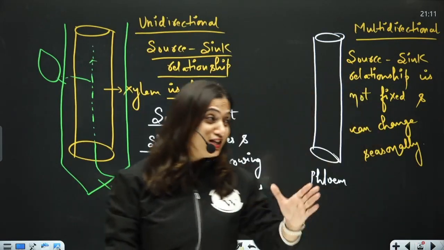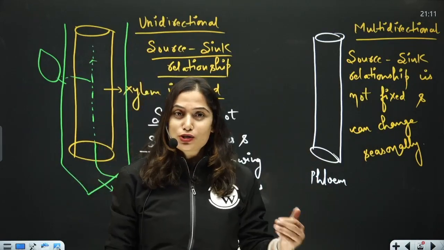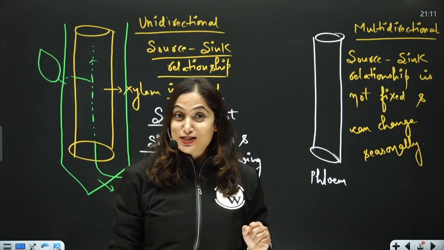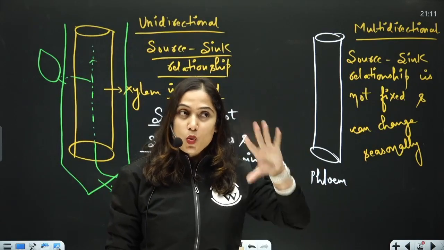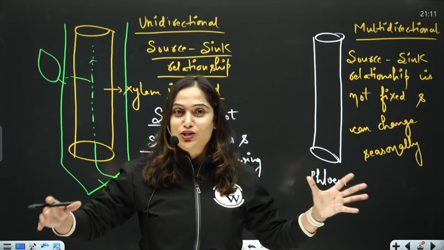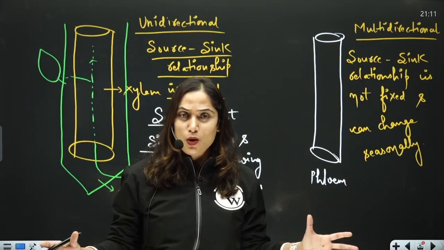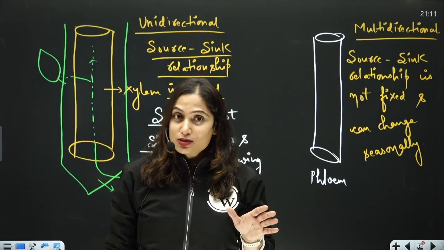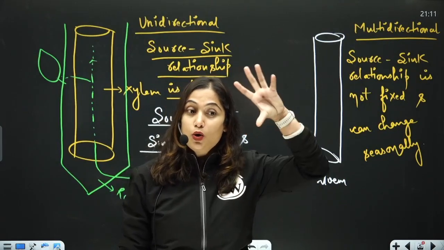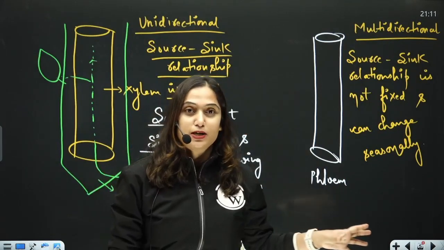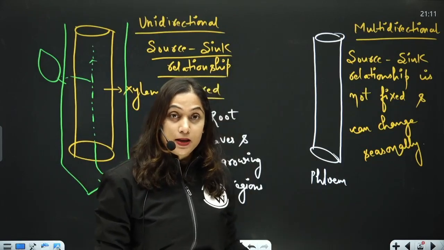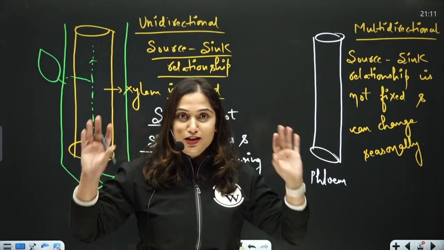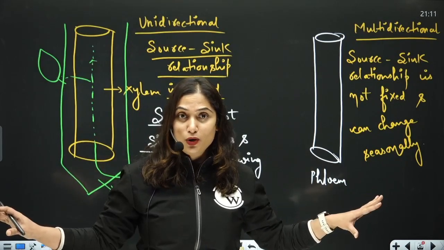But in case of phloem, the source to sink relationship is not fixed. It changes season to season. Why? When the plant has full-fledged leaves, then in that case, the leaf will act as the source. That means the food will go from the leaf to the different parts of the plant or towards the root. But what will happen when the autumn season comes and the leaf falls? The plant will have no leaf.